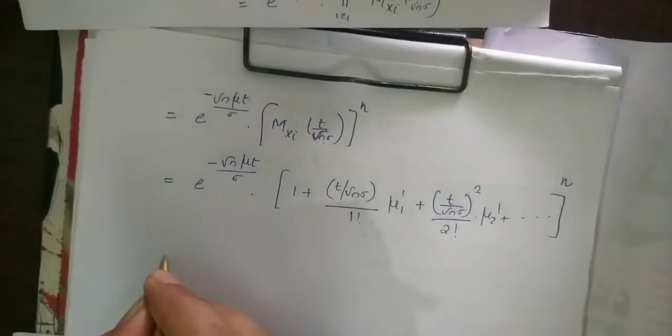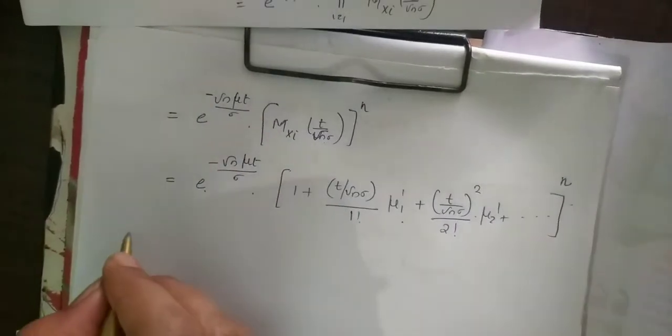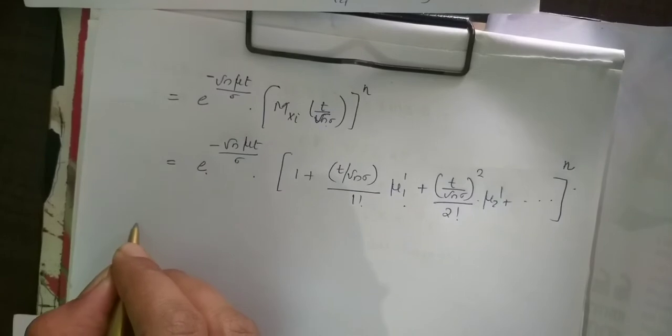Then here the whole is raised to n. So we are taking logarithm on both sides.